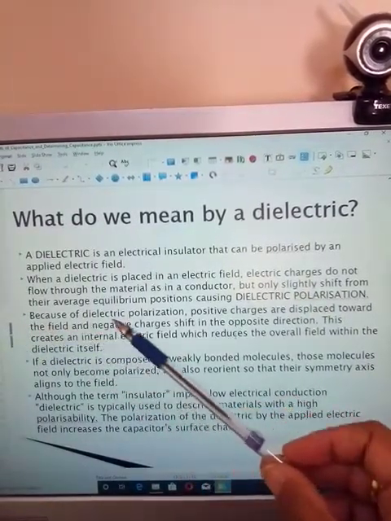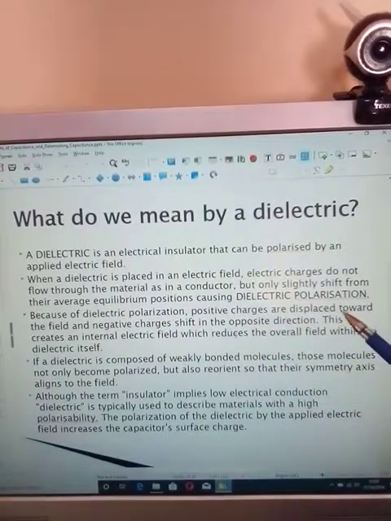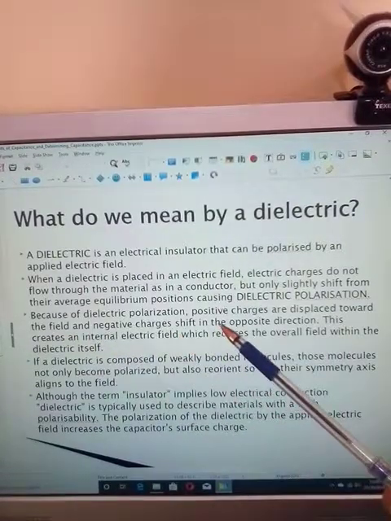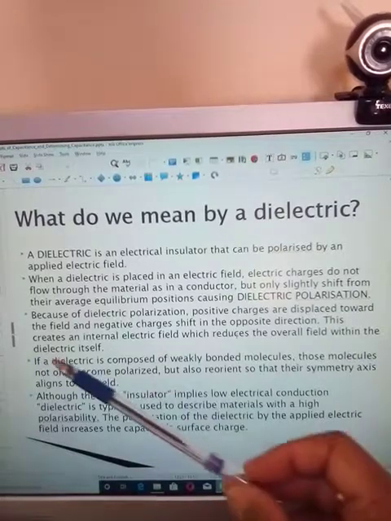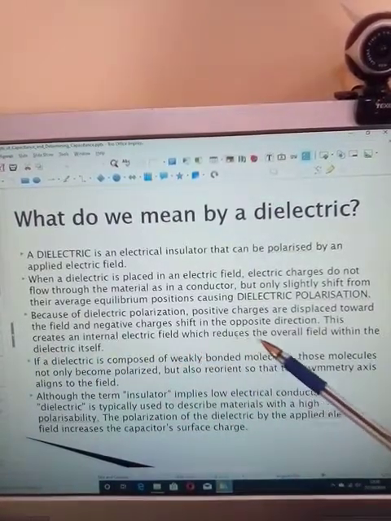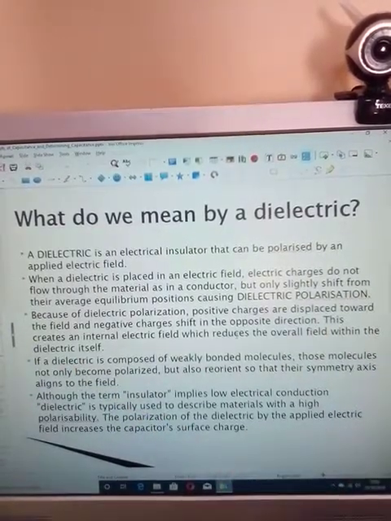Because of dielectric polarization, positive charges are displaced toward the field and negative charges shift in the opposite direction. This creates an internal electric field which reduces the overall field within the dielectric itself.